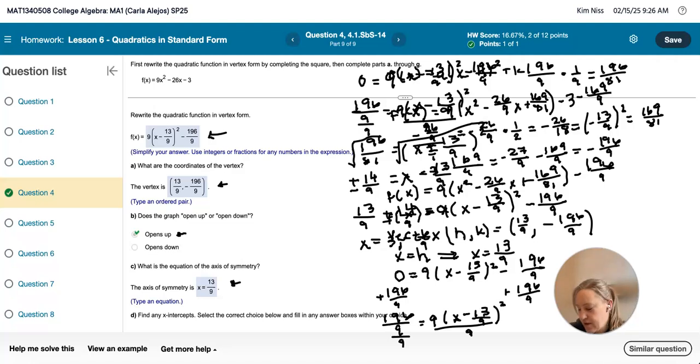Now for the y-intercept. The y-intercept is just a matter of plugging in 0 for x and solving for y.